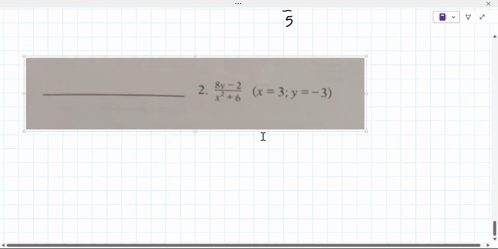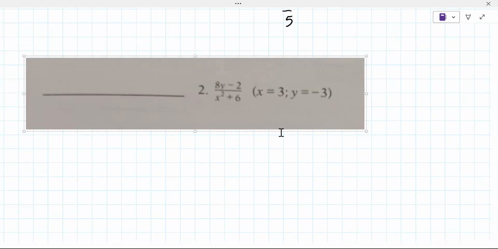All right, this is exactly the same. So you have to put the numbers in and then use the calculator to simplify.